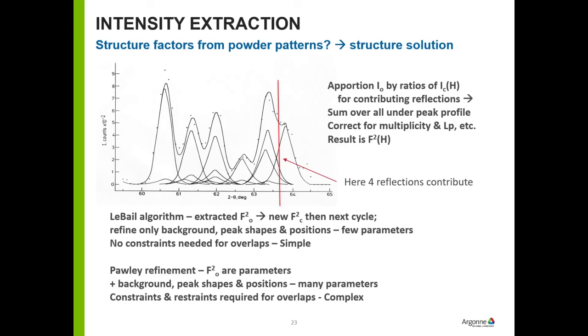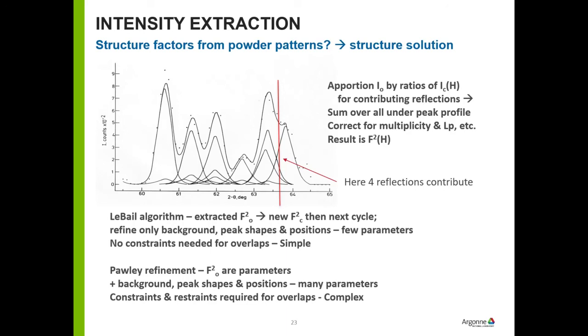The other algorithm is by Armel Le Bail, in which he simply said, okay, start somewhere with the calculated intensities. Doesn't matter what you start with. But once you've done that, you then get a new set by this extraction method we'll talk about in a second. You use those as the observations for the next cycle, and then you repeat.